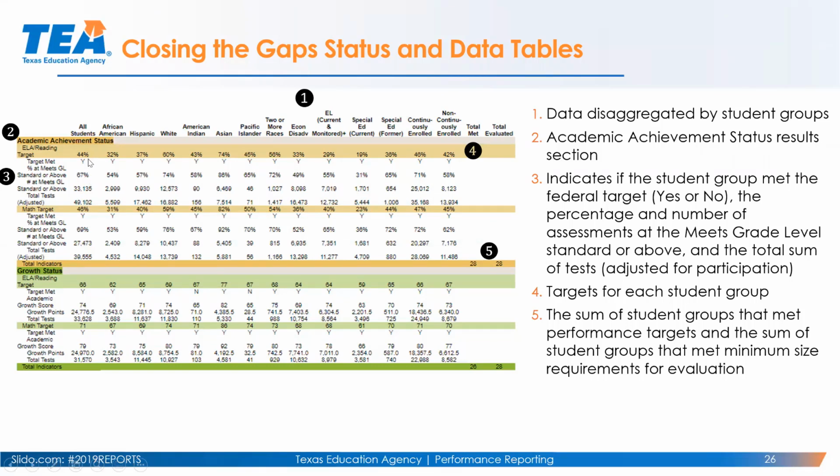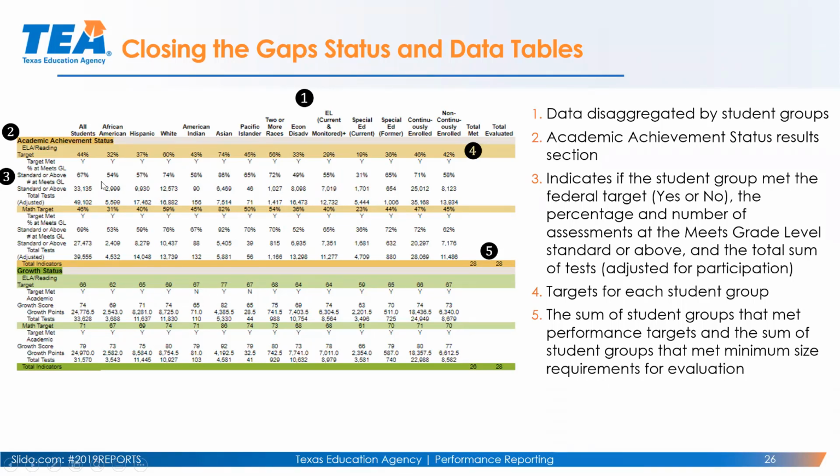So did they meet the target or above? Y for yes. I can see each of these student groups here also met their targets. And they met their targets because there is a specific target for that student group for reading, and then the percent scored. So the percent was above the target, so yes, they met their targets for reading.